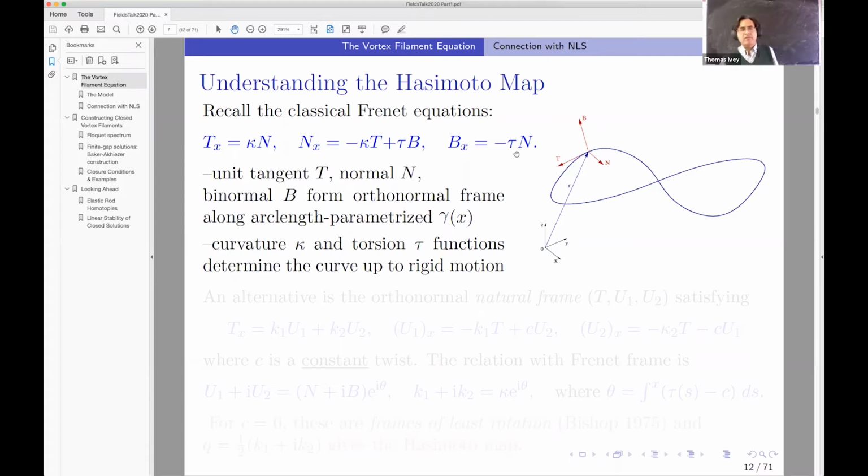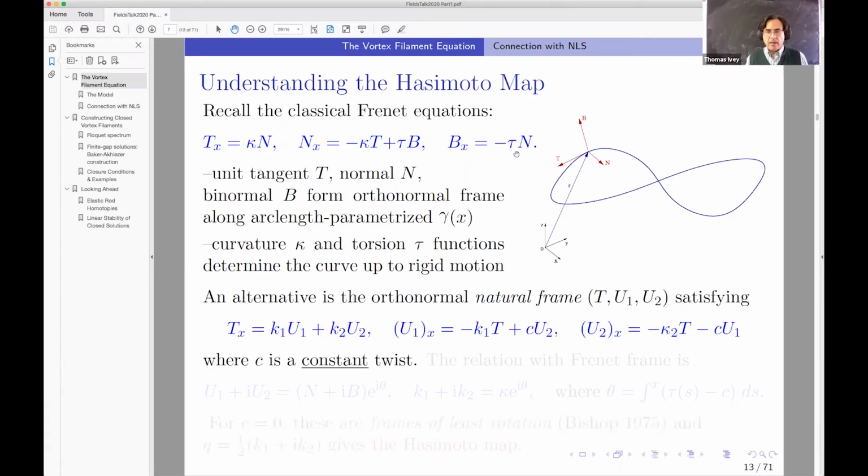One of the problems with the Frenet frame is that it's ill-defined at inflection points, places where kappa is 0. So you might have this thing where n is momentarily undefined at an inflection point, and so that's not so nice. There are alternatives to the Frenet frame which are not so well known, and one of them is called the natural frame. At least we call it that.